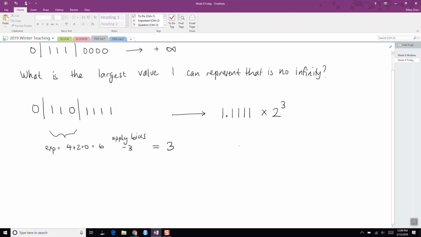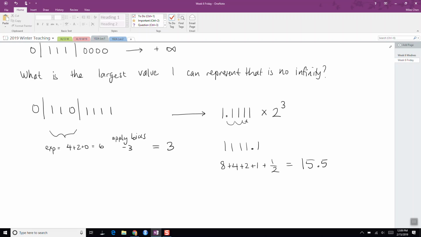And we have a few ways we can do this. I can just roll over the decimal 3 spots. And so this becomes 1111.1, and that is going to be 8 plus 4 plus 2 plus 1 plus 1/2, and we get 15.5. So the largest value my 8-bit floating point number can represent is 15.5.